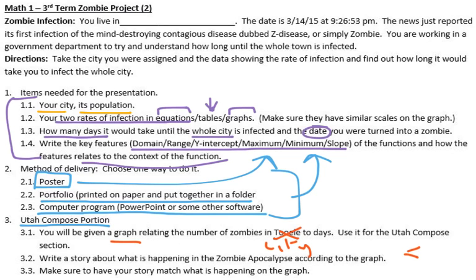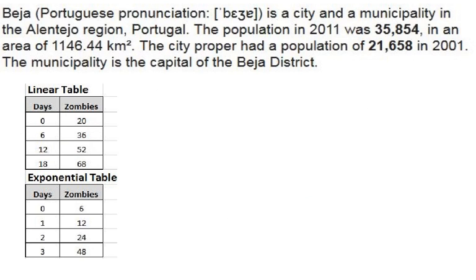Okay, so I've got some information here for myself. And this is the information you need to have to get into it. You need your city. For mine, I'm choosing Beja. It's in Portugal. So I just looked up online, and the nearest date I could find was right here. So that's my population right there. Then you've got 2 sets of data because you're doing everything twice, essentially.